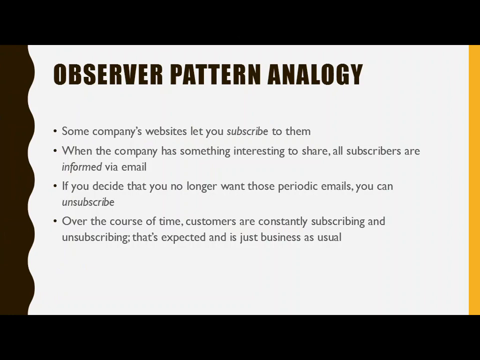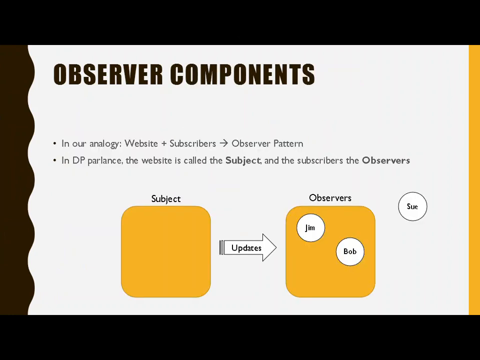So let's look at how the observer pattern is put together. There are two major components that we want to pay attention to here. One is called the subject. The subject is where all of the key stuff happens. The subject is the main guts, the main engine, where the stuff of interest is taking place. On the other side, you have observers, and observers are objects that are interested in paying attention to what's going on in the subject.